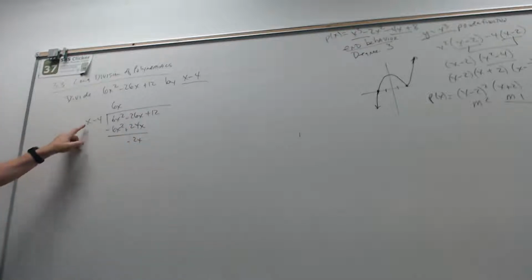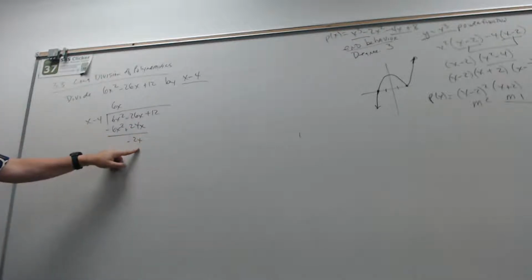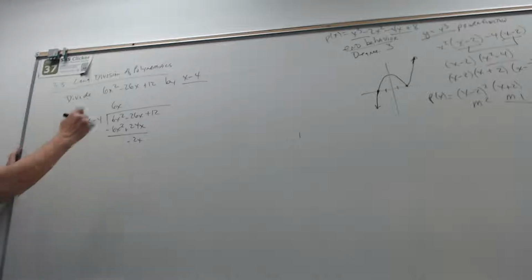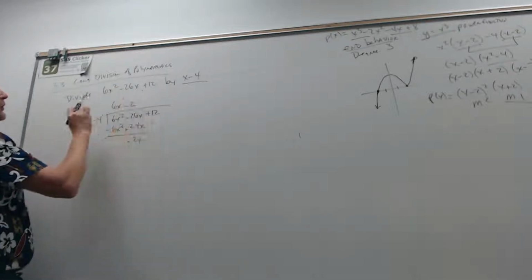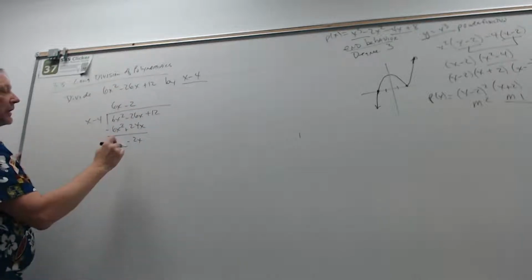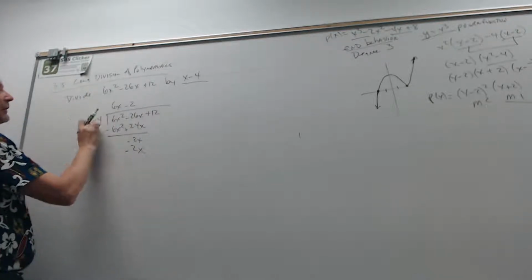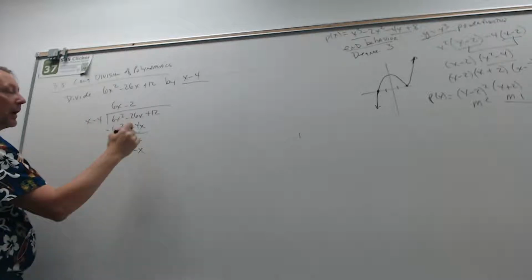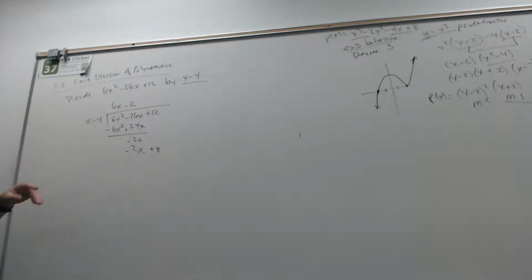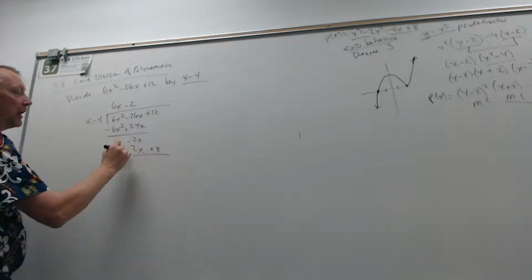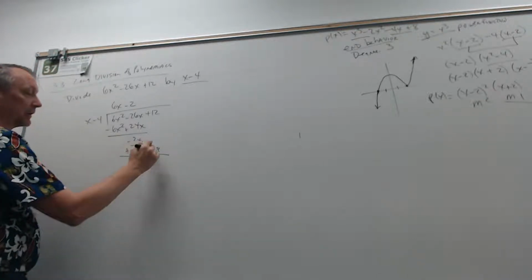Does x go into negative 2x? Yes, negative 2 times, right? Negative 2 times x is negative 2x. Negative 2 times negative 4 is positive 8. Okay, now I want you to subtract. So that means you're going to change both of these signs.